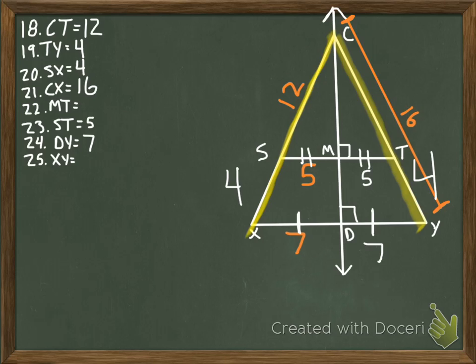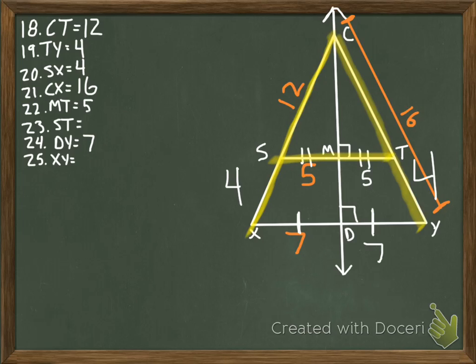Okay, then we're on to MT. MT, oh, we got MT is 5. It looks like we messed up MT and ST, so MT is 5. Let me erase ST. ST would be all the way across that middle line. I'll highlight that.